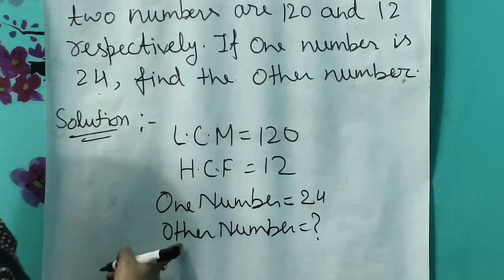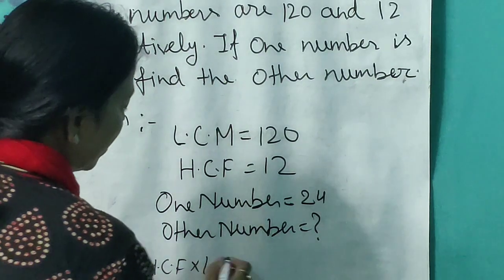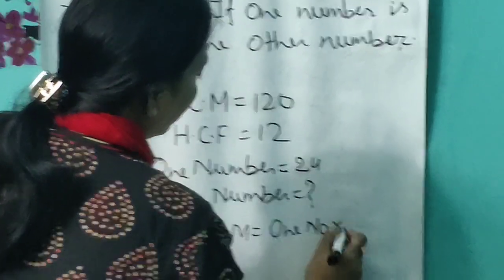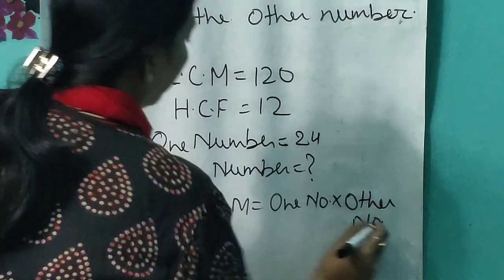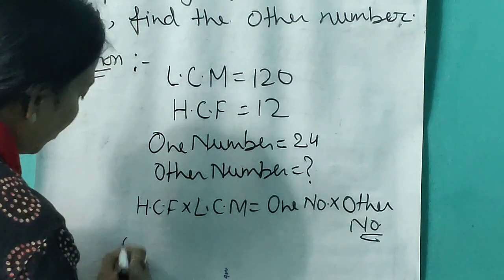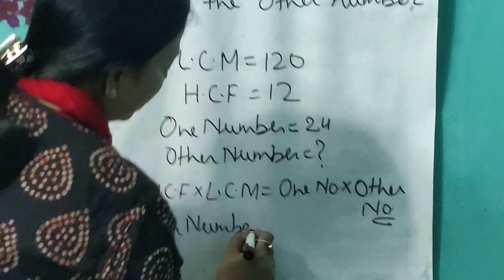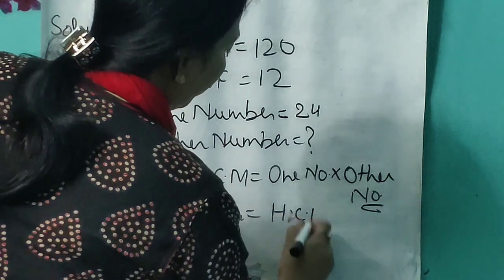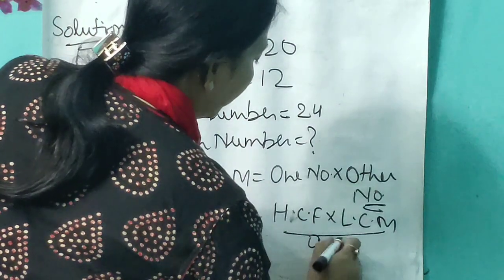Now write the formula. What is the formula? Basic formula is HCF into LCM is equal to one number into other number. So now to find the other number, this one number, the first number, will come in division part here. So the formula will become other number is equal to HCF into LCM divided by one number.